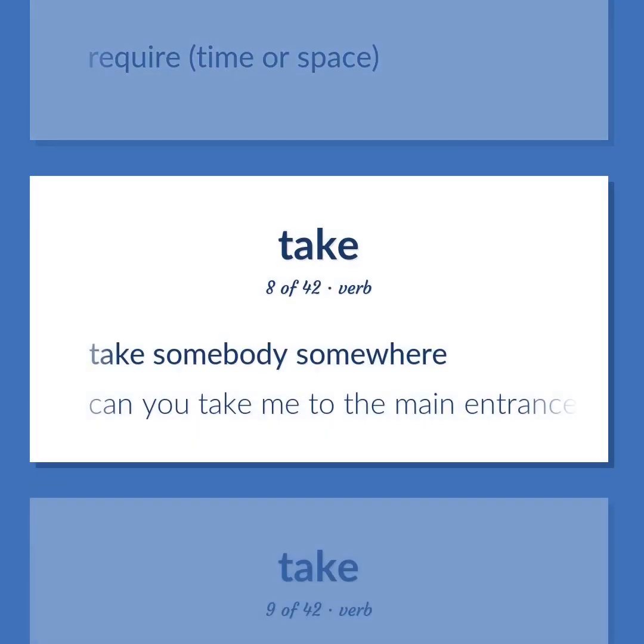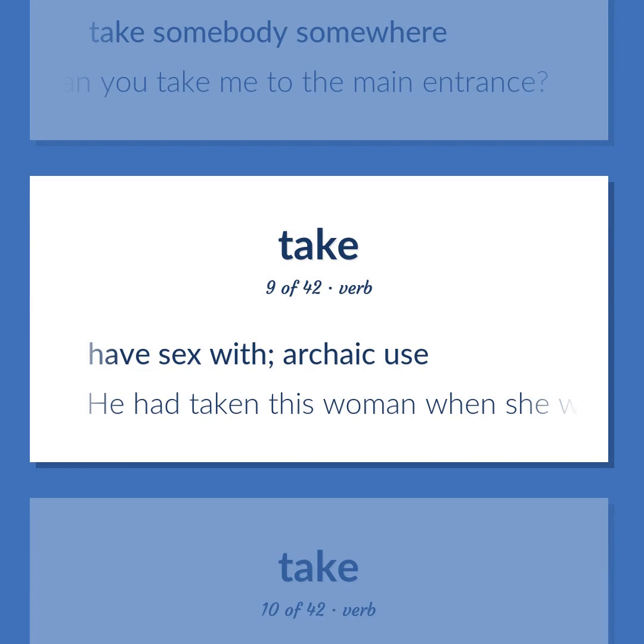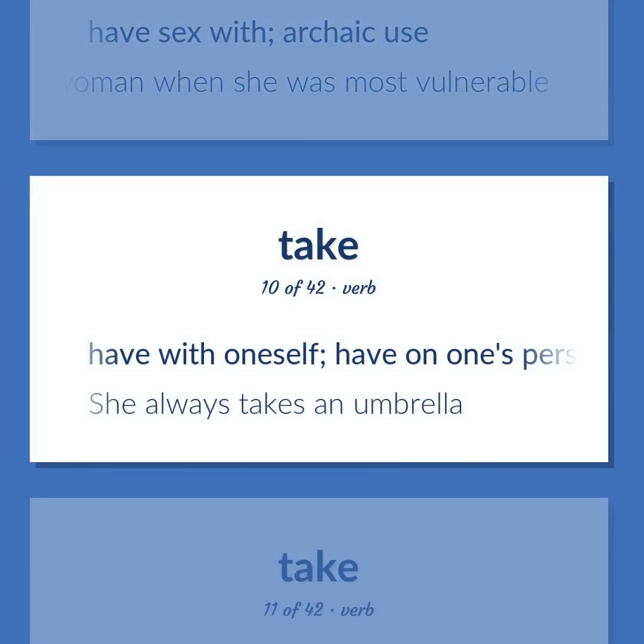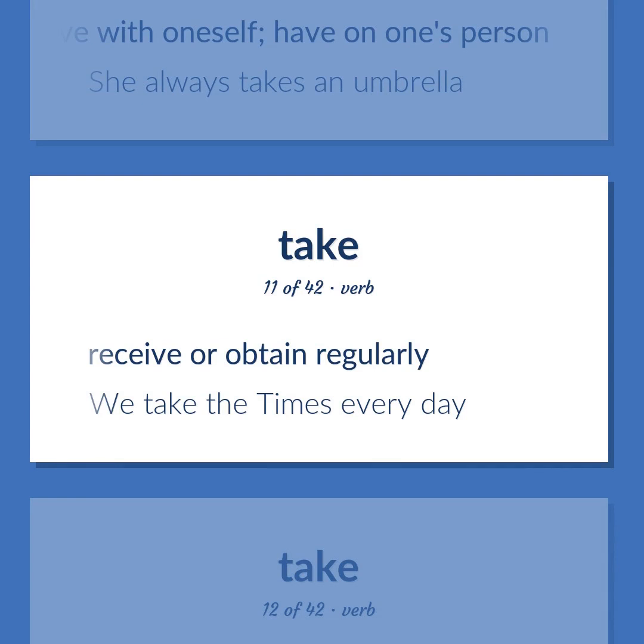Take somebody somewhere. Can you take me to the main entrance? Have sex with. Archaic use. He had taken this woman when she was most vulnerable. Have with oneself. Have on one's person. She always takes an umbrella. Receive or obtain regularly.